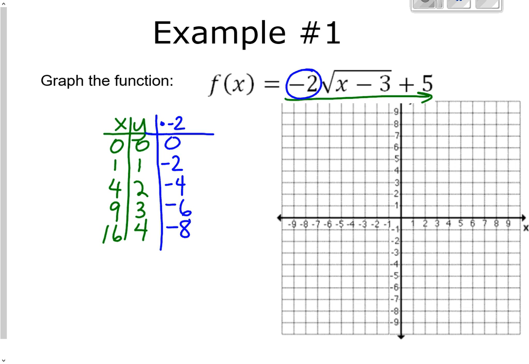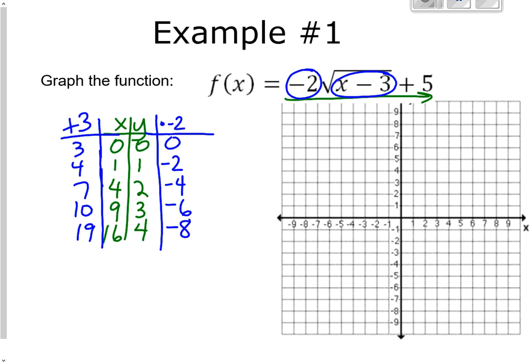Moving right along, next I have this x minus 3. It's all under the square root sign. So of course, this is going to mean it's moving 3 to the right. So I'm going to go over here to my x values and add 3. And when I do, I get 3, not a 0. Let's just erase that. When we do that, we get 3, 4, 7, 10, and 19.